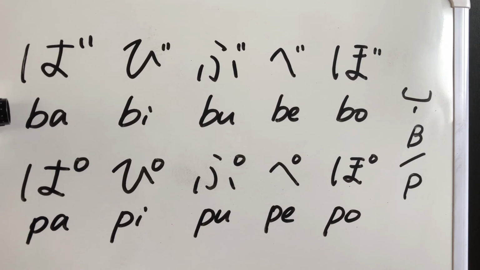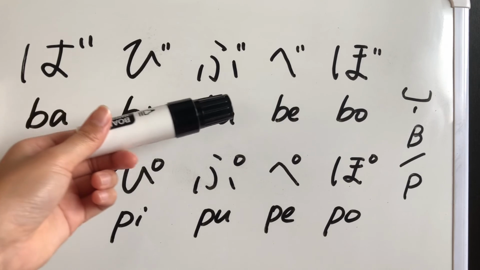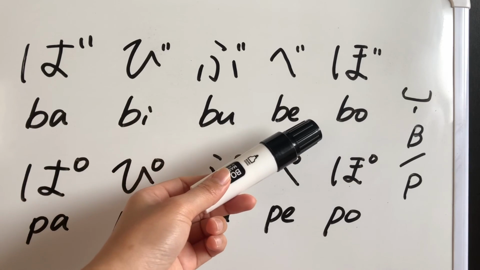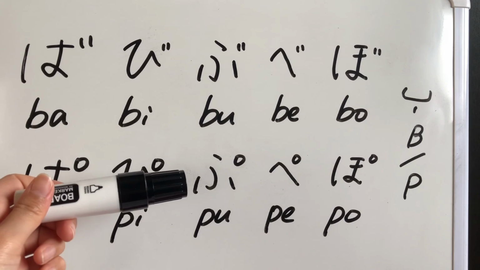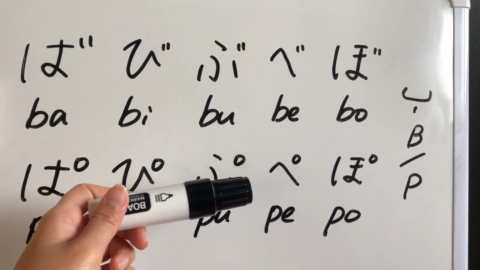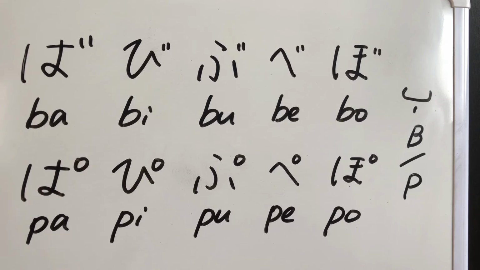Again, we say ba, bi, bu, be, bo. And with this one, with P sound, pa, pi, pu, pe, po.